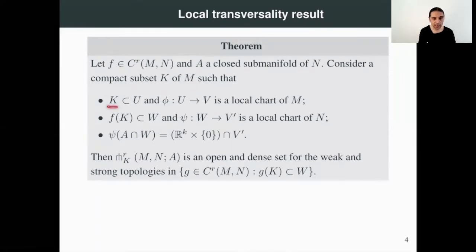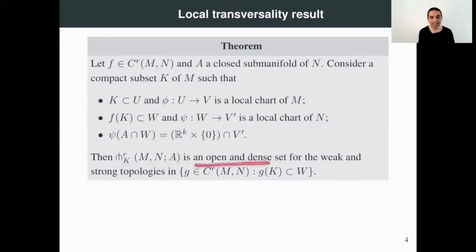The first one is that K is contained in the domain of a local chart of M. The second property is that the image of K by F is contained in the domain of a local chart of N. And the third property is that the image by the local chart of N of A is actually the submanifold R^k times 0.